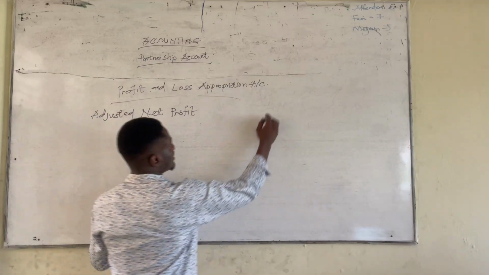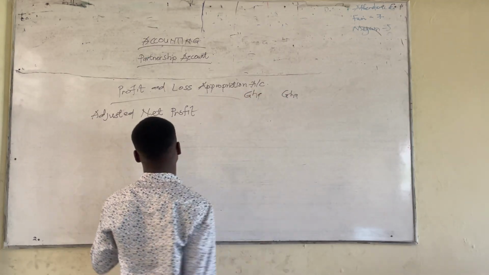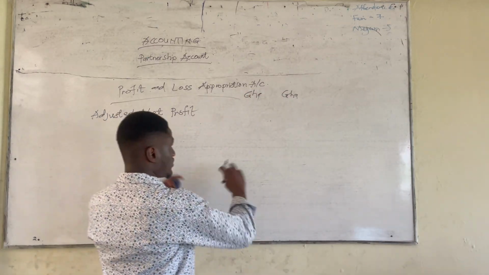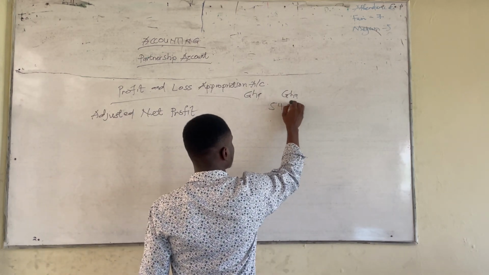Here, let's say we have a Ghana cedi, the currency sign is Ghana cedis. Good. And let's say we had a net profit of 54,000, right?